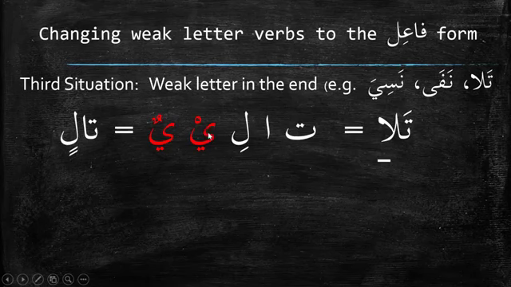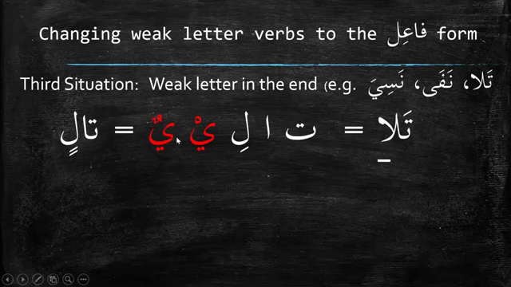Remember, in the maf'ul form, there were actually two weak letters, so we could maintain it where there was one sukoon on one and a damma on the other. We can't do that here because there's only one. And so because we can't resolve this conflict, the conflict of elongation and the conflict of the form, we drop the letter altogether. And we preserve that tanween, but as a kasra. So it becomes talin.